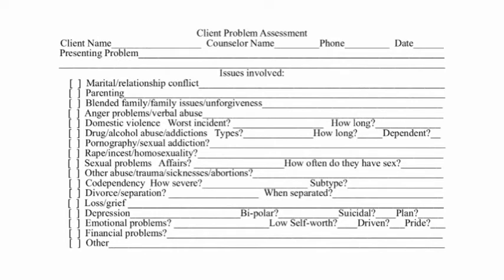Other abuse, trauma, sickness, or abortions. Codependency. Divorce or separation. Grief or loss. Depression, bipolar. Are they suicidal? Do they have a plan? Emotional problems, low self-worth, driven, pride, financial problems. If there's something else that comes up, I have a little one that just says other. So that's the first thing.